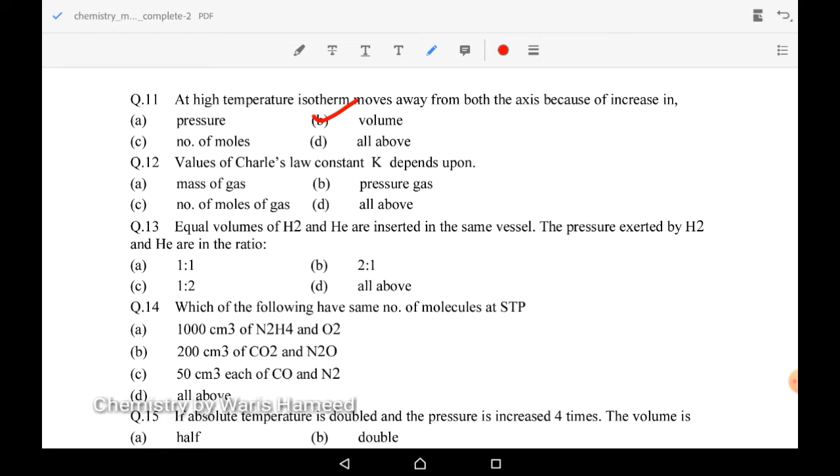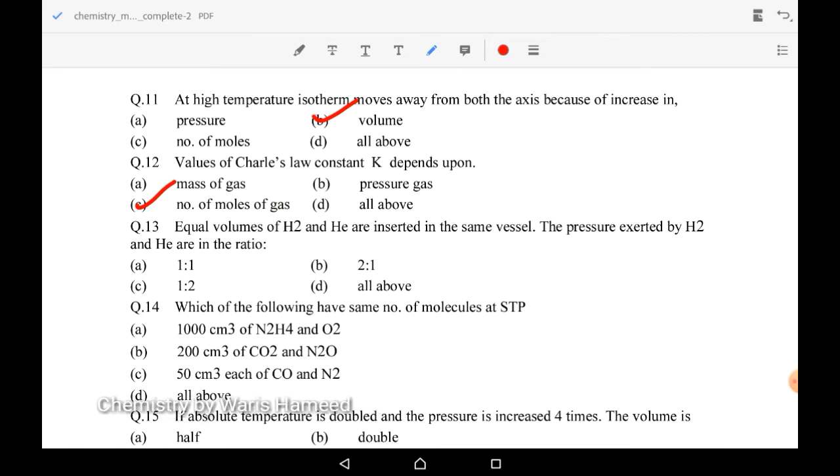In Charles' law, the pressure and the number of moles of gas remain constant. So the K value always depends upon the number of moles of gas, because it varies for different gases. So the correct option is C.